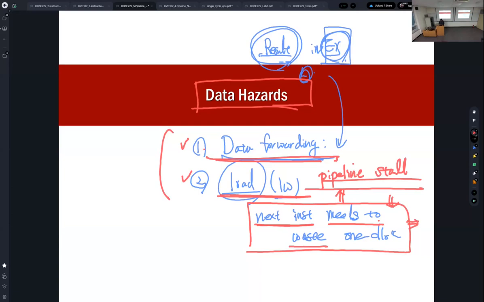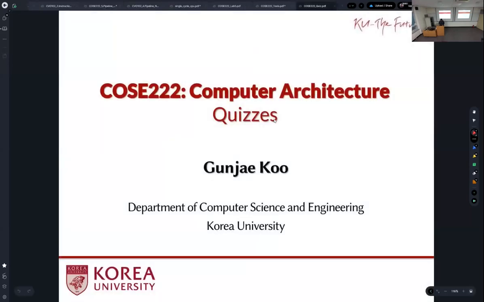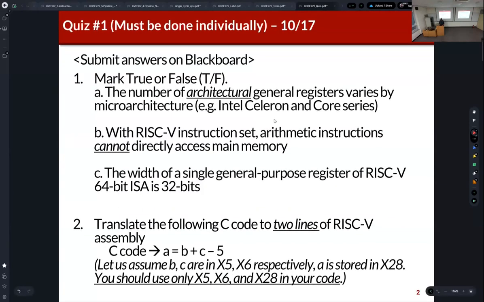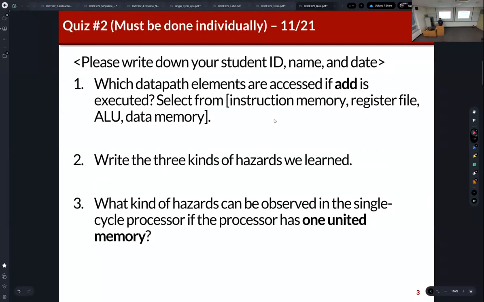The quiz questions are very simple, and also you can see the lecture slides. This is an open book quiz, so no problem, right? Does everyone have a paper?